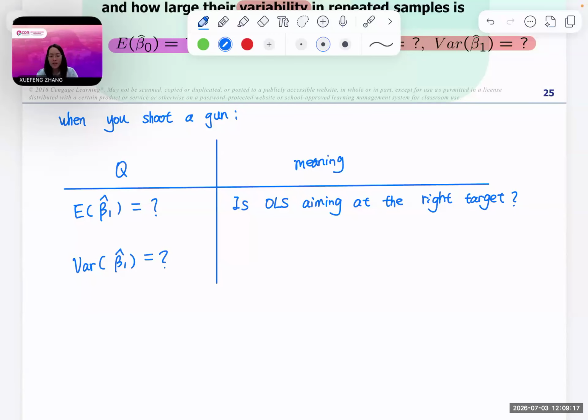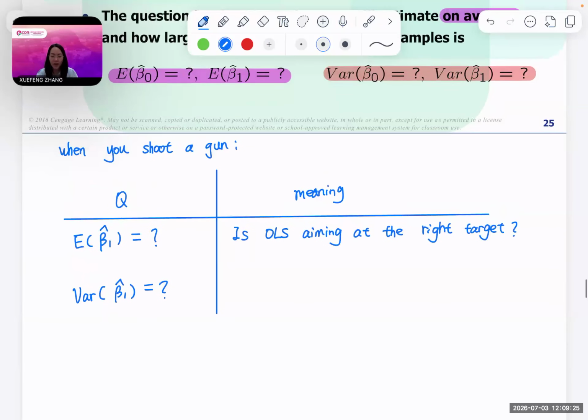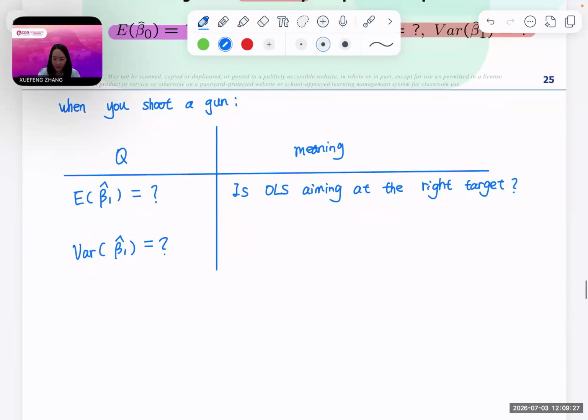Variance means are the shots tightly grouped or all over the place, okay? It's about variability.